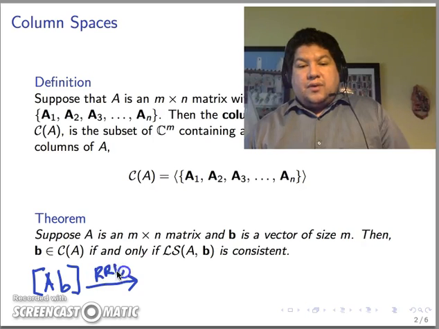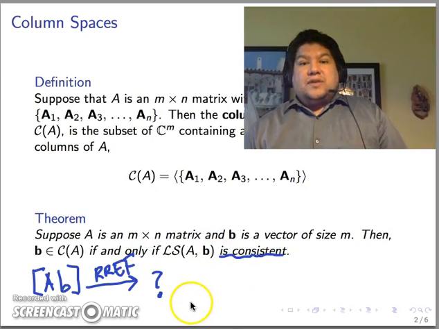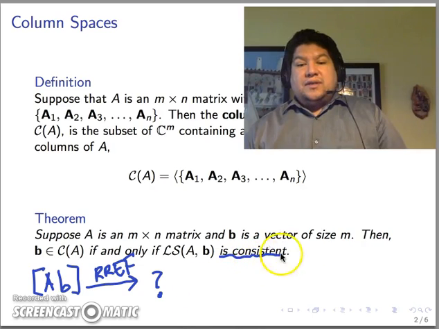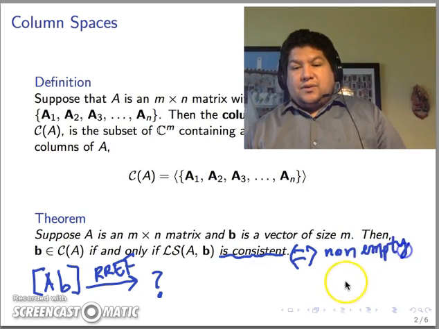So we create an augmented matrix, row reduce, and this provides the information for the solution set and certainly consistency, whether or not the solution set is non-empty. Consistent means non-empty solution set.